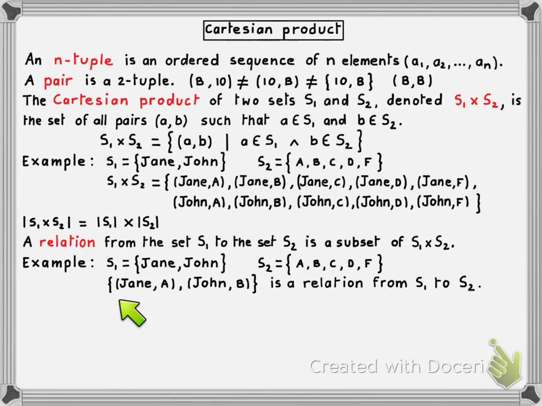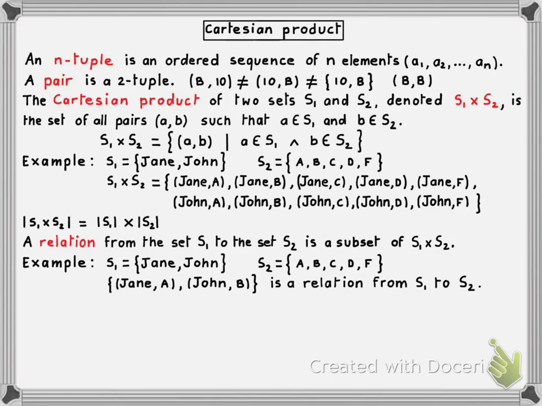This is a set with two elements, each of which is a pair, and each one of these pairs appears in the Cartesian product of S1 and S2. Therefore, this is definitely a subset of the Cartesian product of S1 and S2, and therefore this is definitely a relation from S1 to S2.